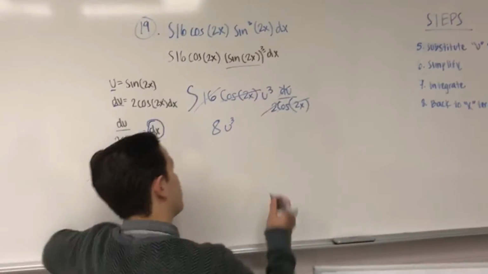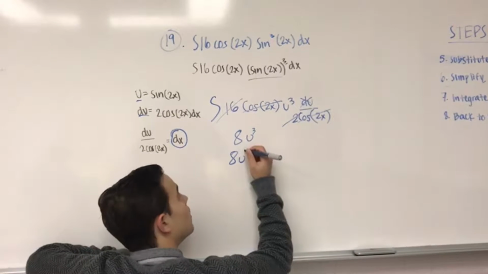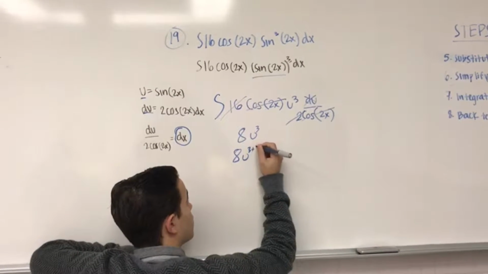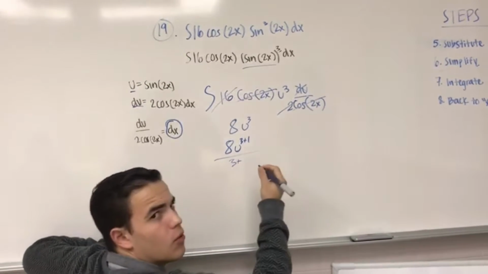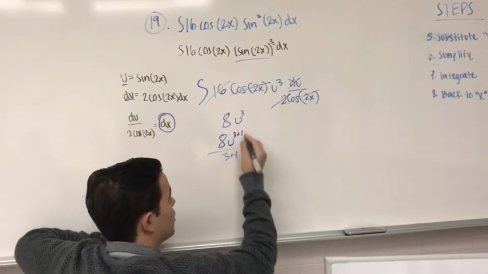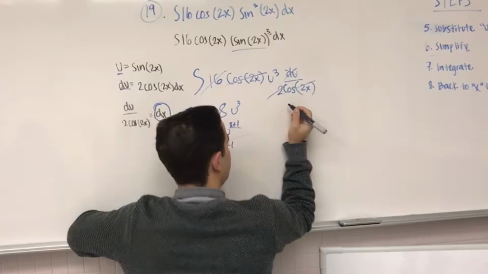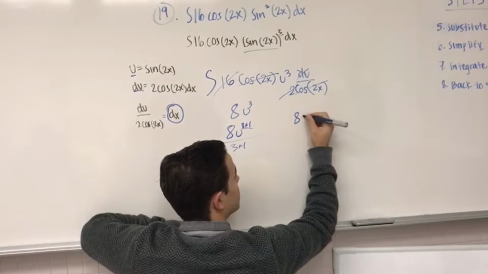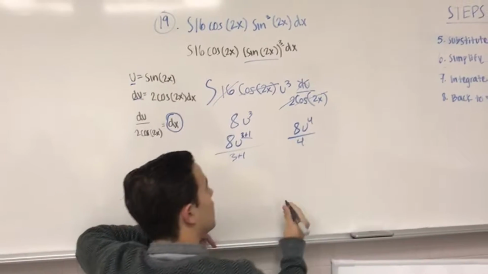So we're going to start integrating 8 times u to the third power plus 1 over the third power plus 1, which is the same as the exponent. So we got 8 times u to the fourth power over 4.